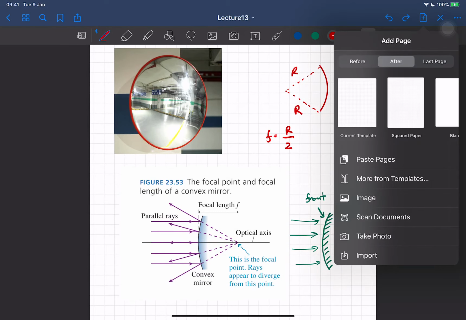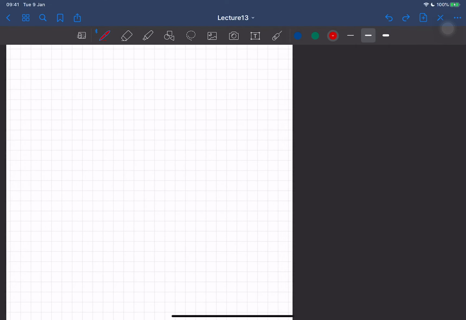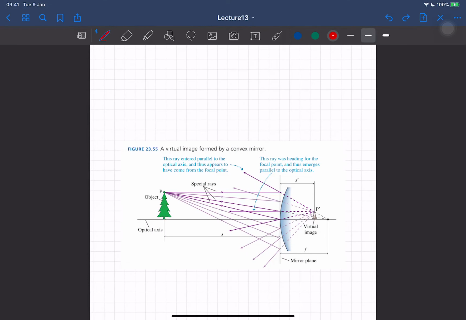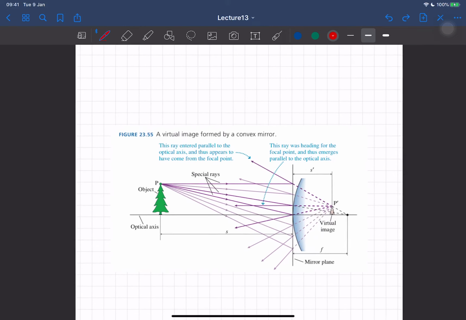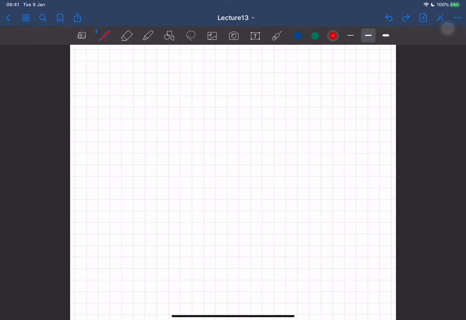So let's talk about the ray tracing diagram. I'm going to come back to this picture later, after we do it ourselves here. Let's be a little bit more specific.